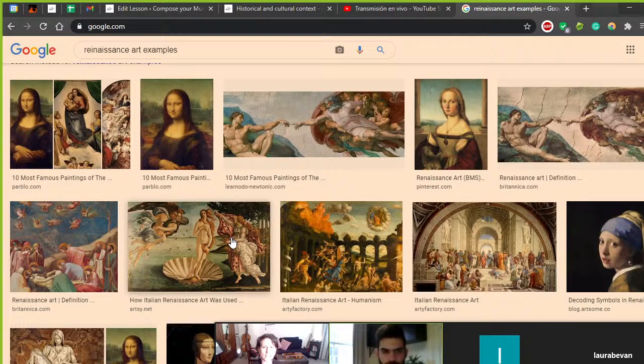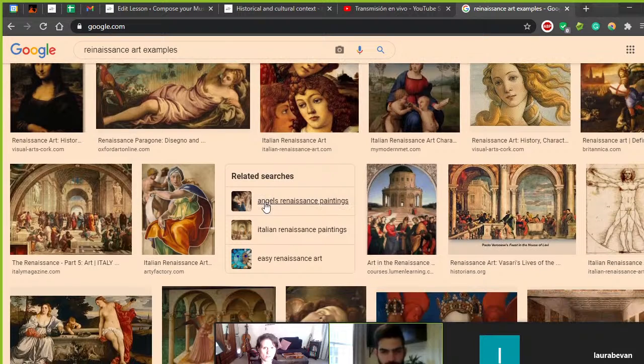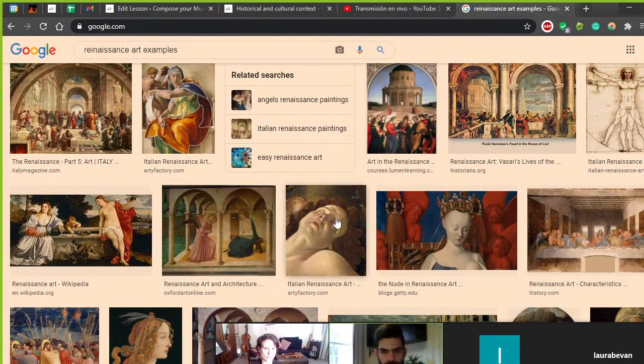So, like I said, it's centered first of all about the body, about the expressions, about the naturalism. For example, if you see this, Italian Renaissance, what's the difference between this face and the medieval art that we just saw?